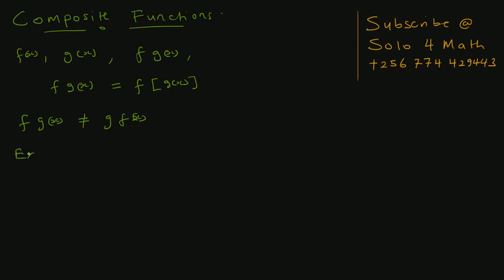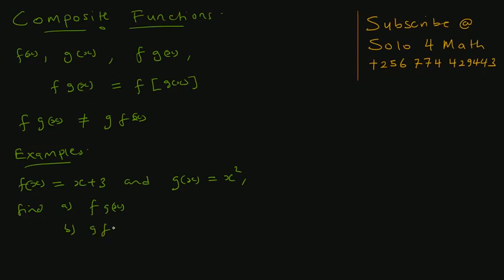Let's look at examples right away. Given that f(x) is equal to x plus 3 and g(x) equals x squared, find a, f(g(x)), b, g(f(x)), then c, f(g(1)).